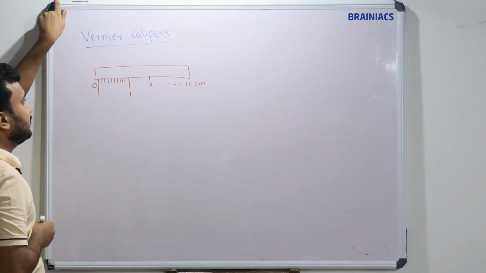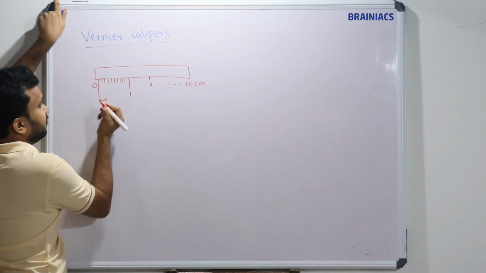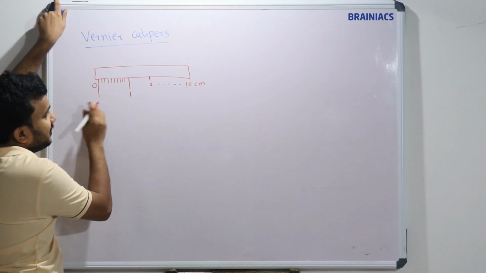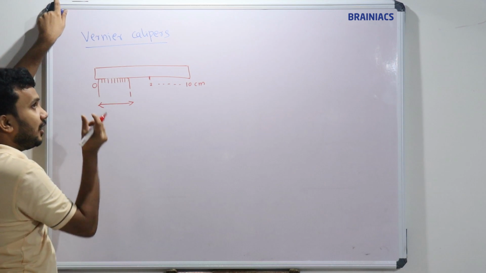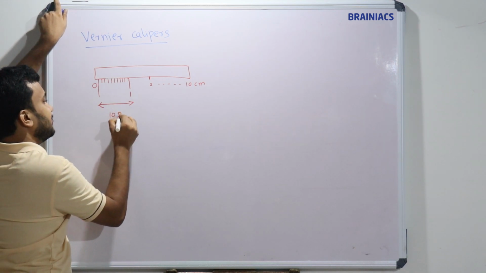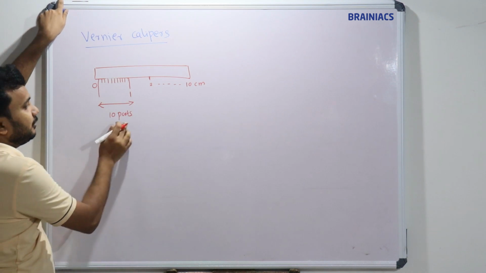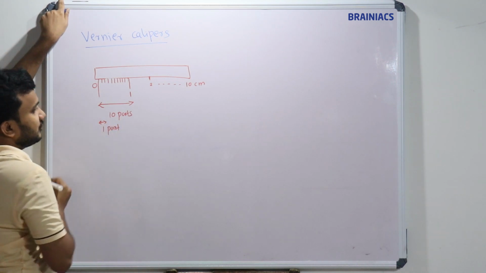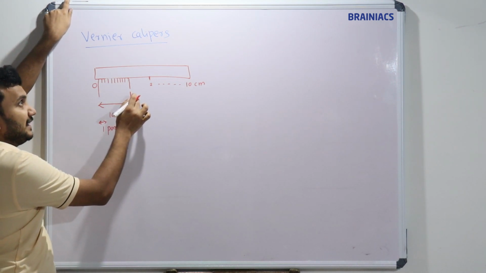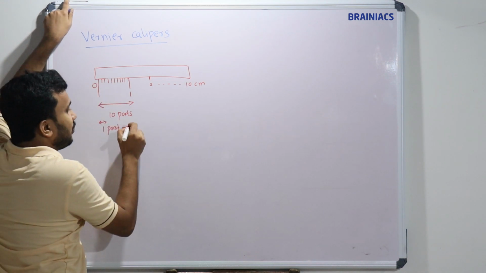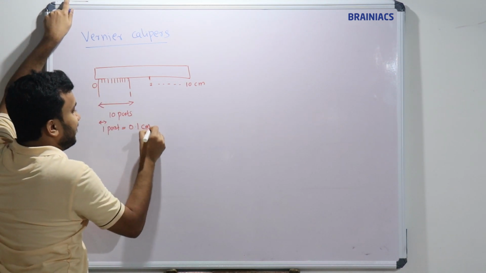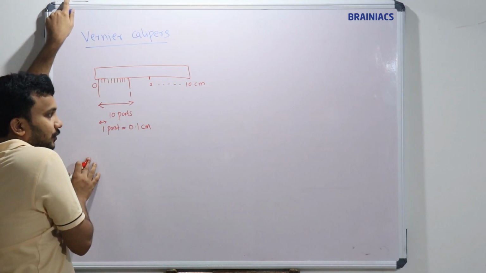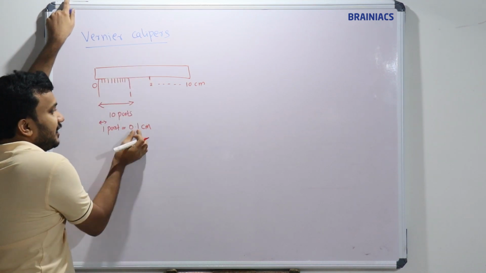The total is 1 centimeter, and this 1 centimeter is divided into how many small parts? 10 parts. So 10 parts equal 1 centimeter. One small part is equal to how much? 0.1 centimeter.